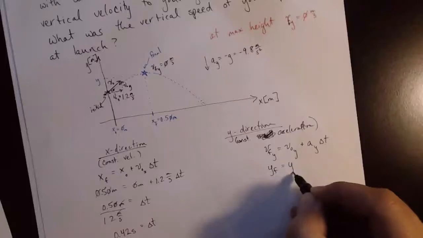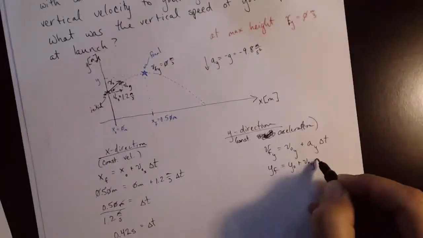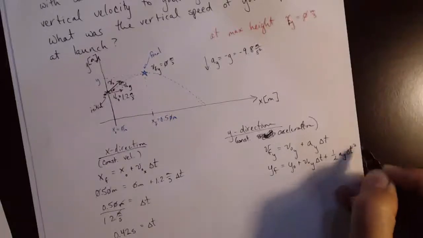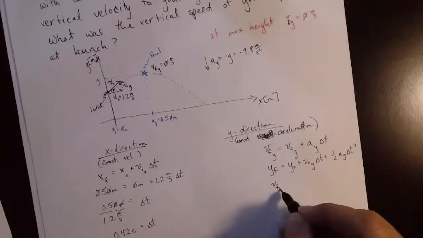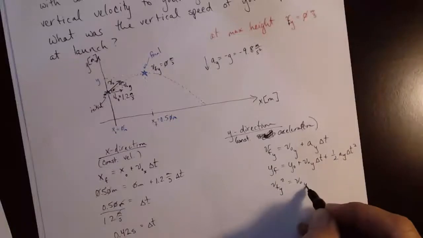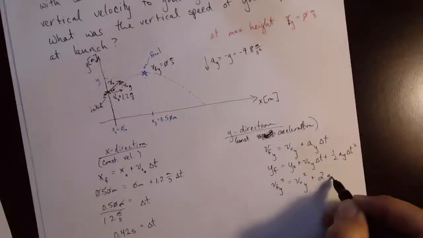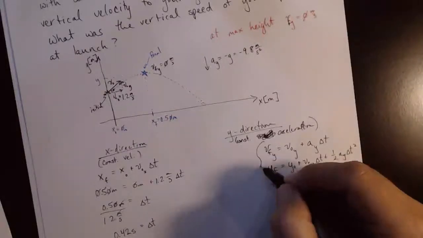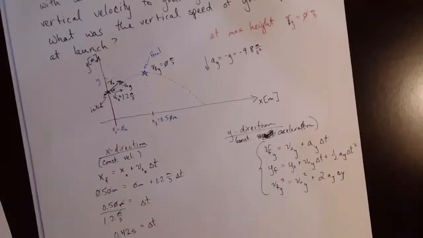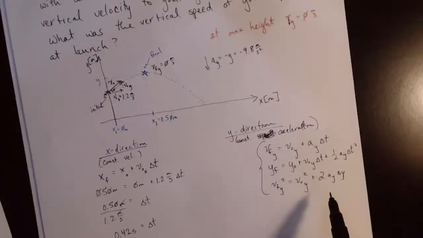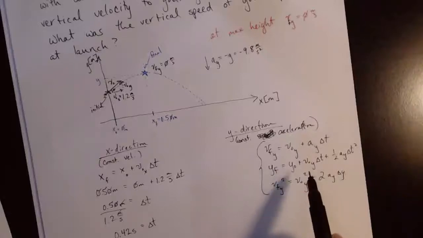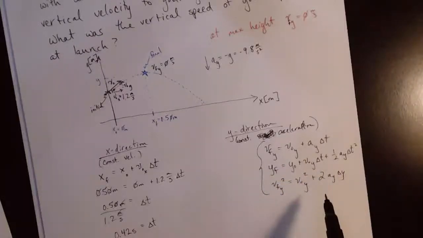Y final equals y initial plus v naught y delta t plus 1/2 a_y delta t squared. Or v final y squared equals v initial y squared plus 2 a_y delta y. So we have those 3 to choose from in our y direction because those are all constant acceleration equations. And we need to pick which one will make sense for us.